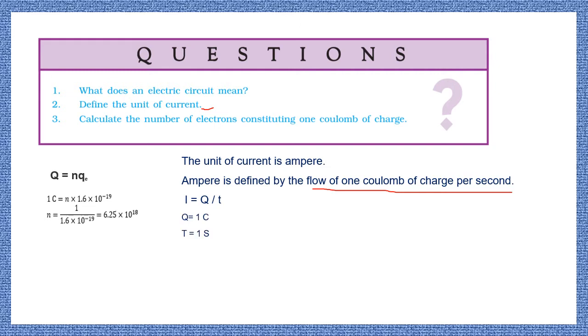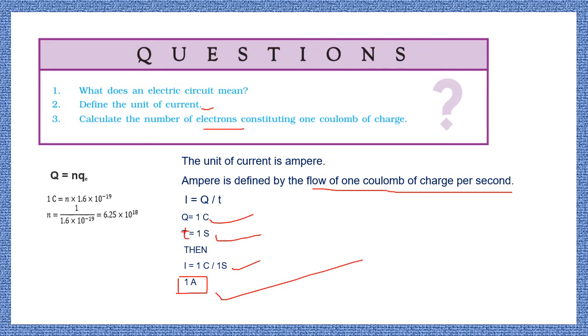If Q is equal to 1 coulomb and t is equal to 1 second, then I will become 1 coulomb per 1 second, that is 1 ampere. So the definition of 1 ampere is: if 1 coulomb charge is passed in 1 second through the cross-sectional area of any conductor, the current flowing through that conductor is 1 ampere.